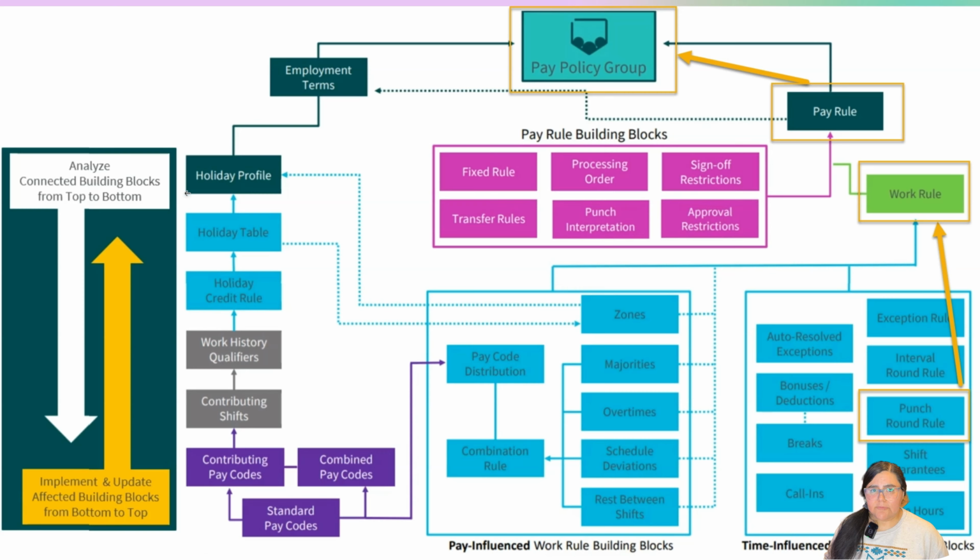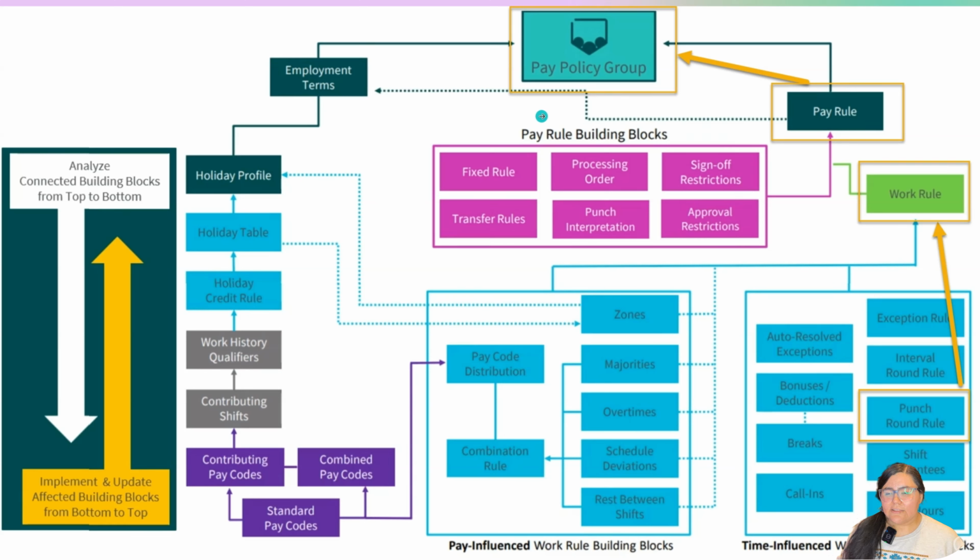So that helped me to really conceptualize how this update might work and be the most effective. So starting with the very top, analyzing what pay policy the employee is assigned and working backwards to the very most granular level that I could find.